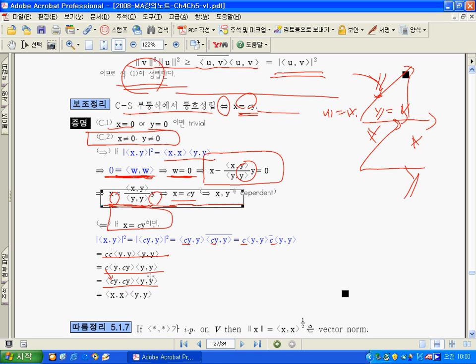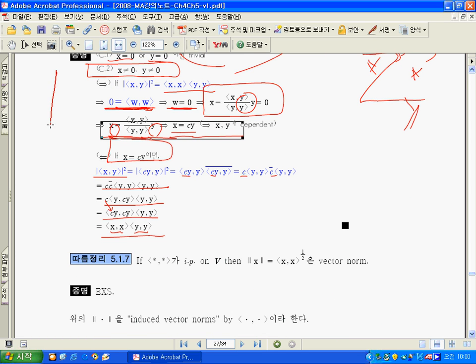What that means is CY is equal to X, and Y is here. So we should have the equality. So in the Cauchy-Schwarz inequality, equality holds means those two vectors are linearly dependent, just a scalar multiple of each other. Okay.